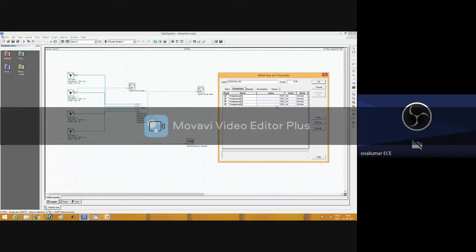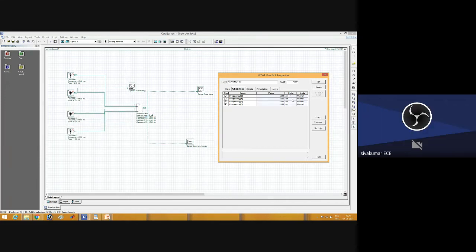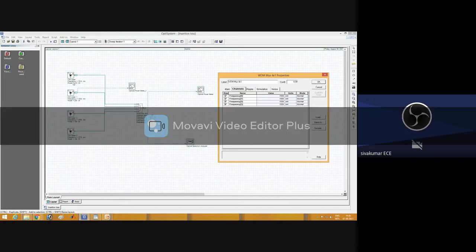So I am selecting all 1530. Here double click to change the parameter to 1530 nanometer. If we start with 1510, here you connect the optical power input and check your channel and your applied power, 210 watts.